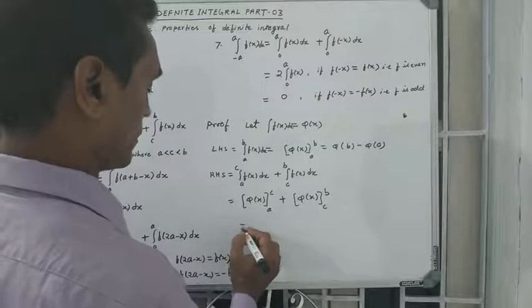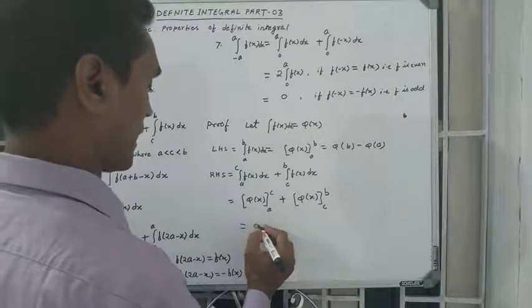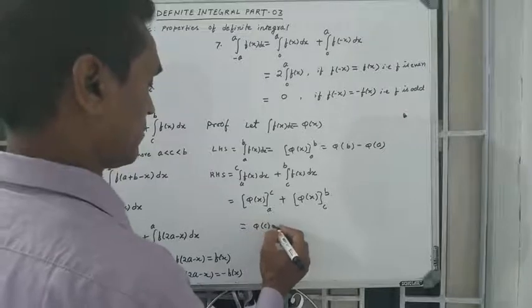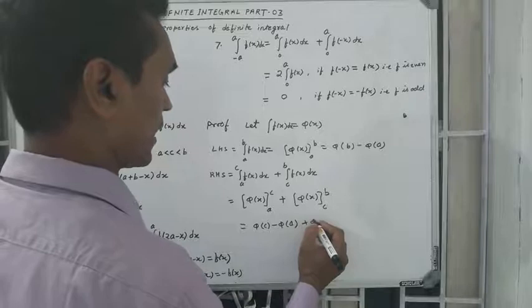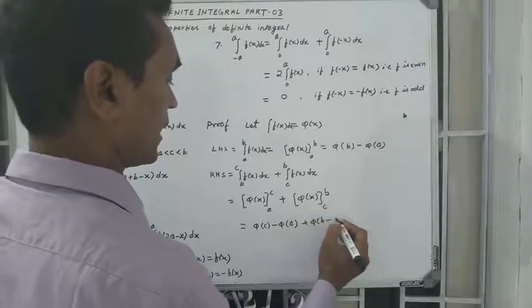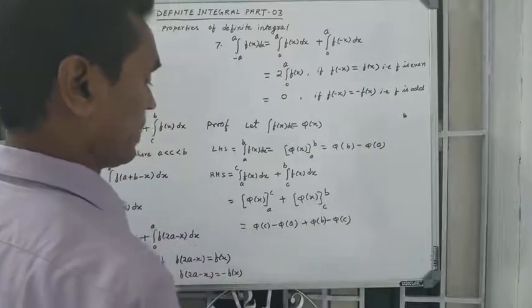Now according to our formula, phi(c) minus phi(a) plus phi(b) minus phi(c).